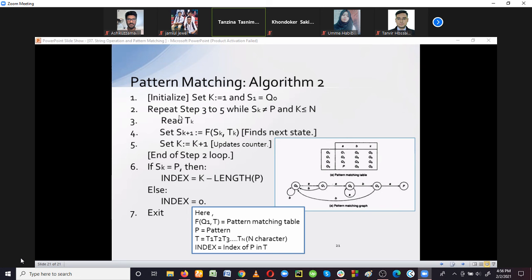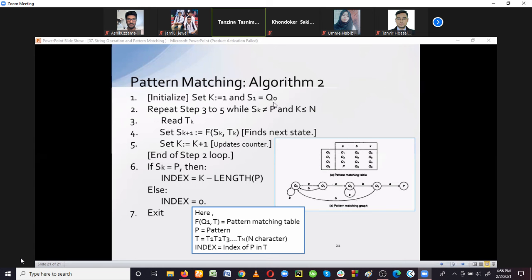Then step number 2: repeat steps 3 to 5 while sk not equals to p and k less than or equals to n. How many times can we continue these steps 3 to 5? The first condition is sk not equals to p.